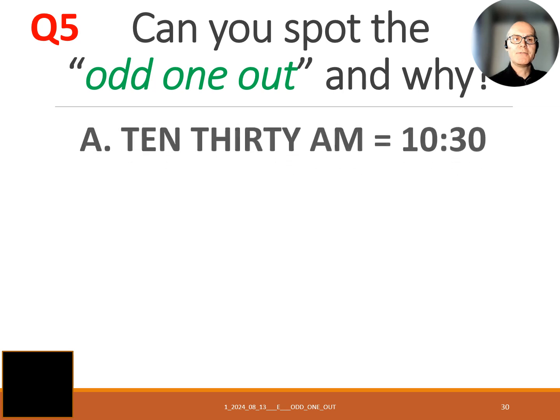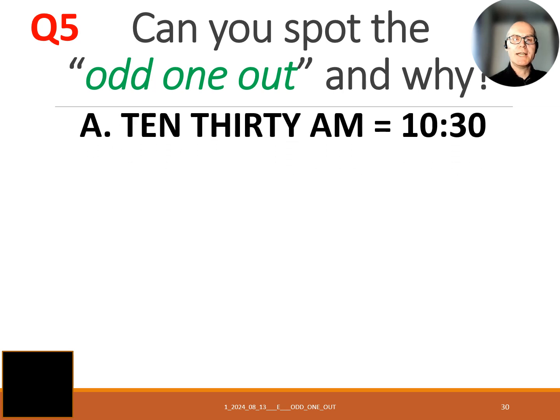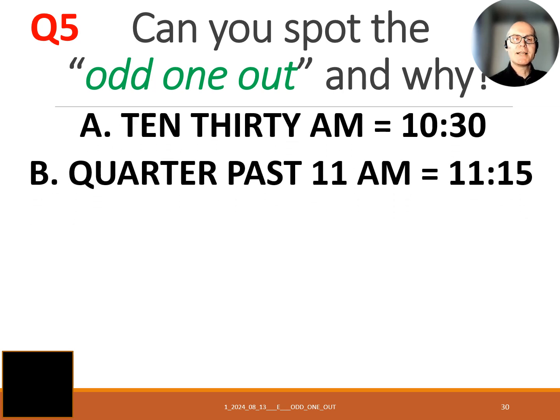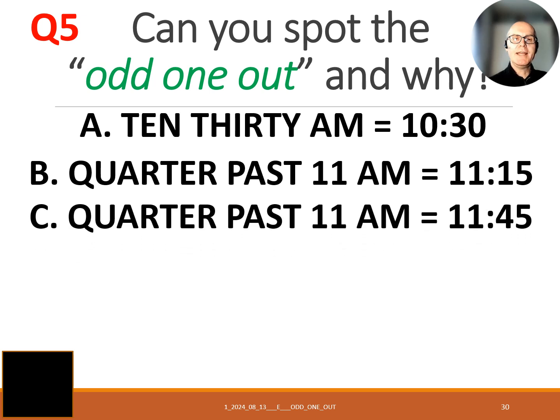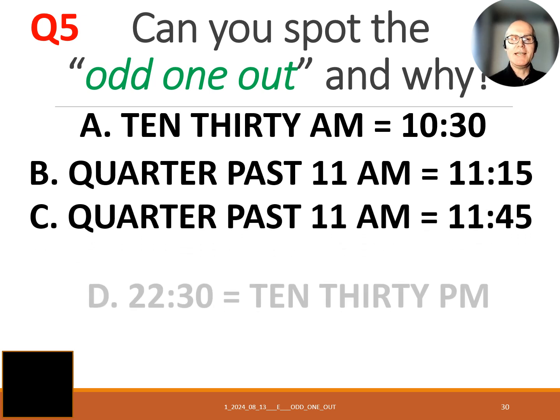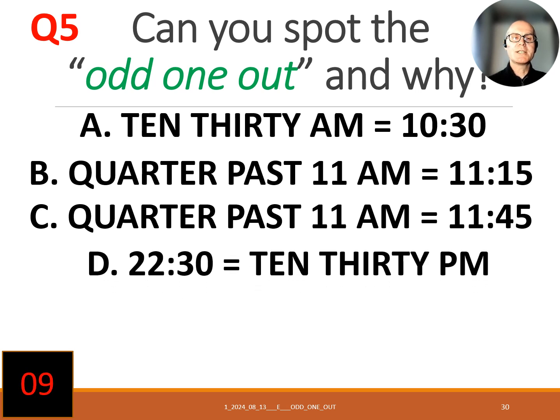Question 5. 10:30 a.m. equals 10:30. 11:15 a.m. equals 11:15. 11:15 a.m. equals 11:45. 22:30 equals 10:30 p.m. So the odd one out here again is the incorrect one.